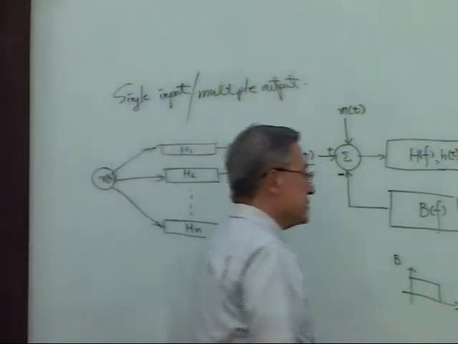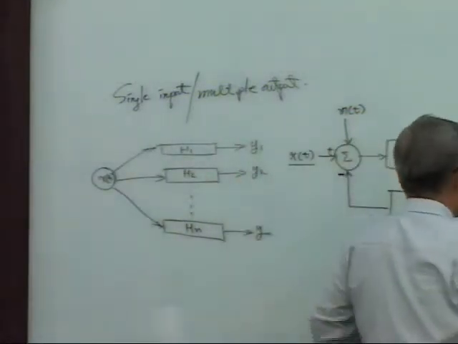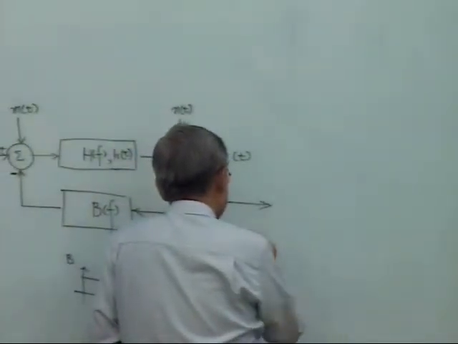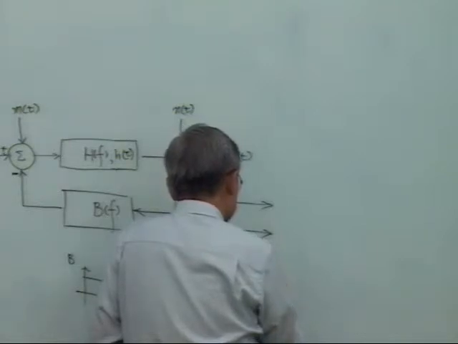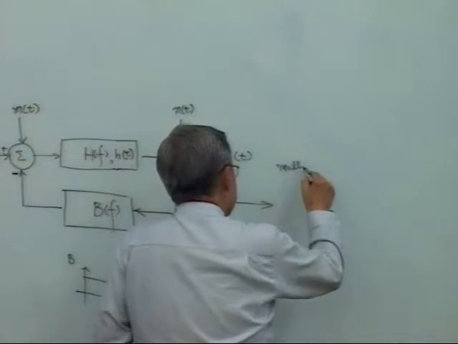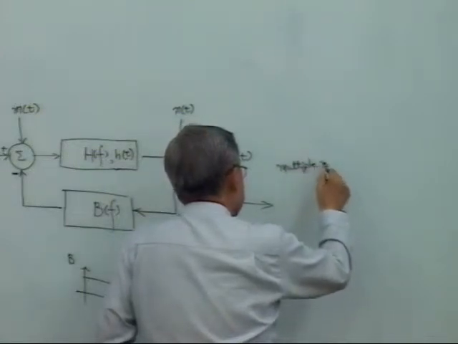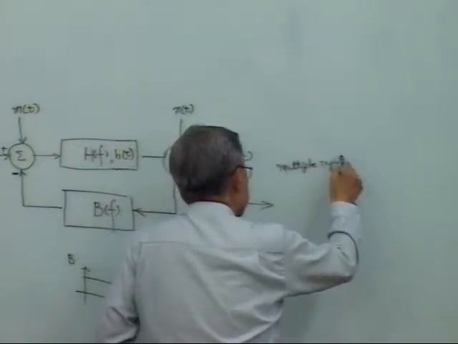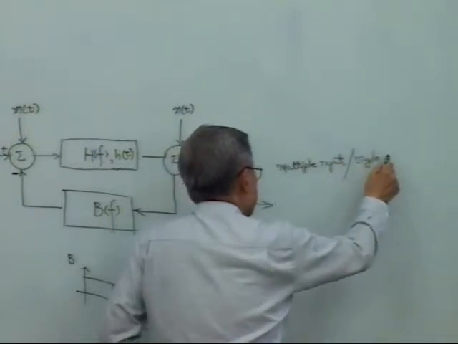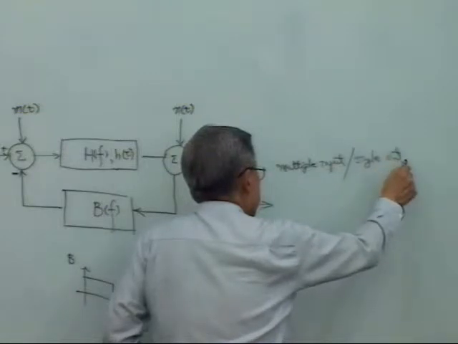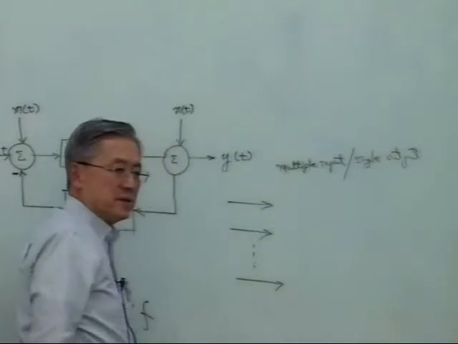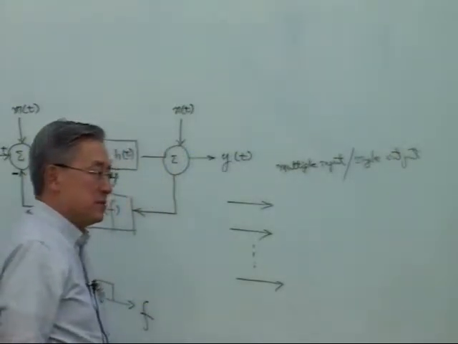Another type, I'm going to talk more. Another type is multiple input, single output. There would be another kind, multiple input, multiple output. Too complicated, I don't have to do that here.